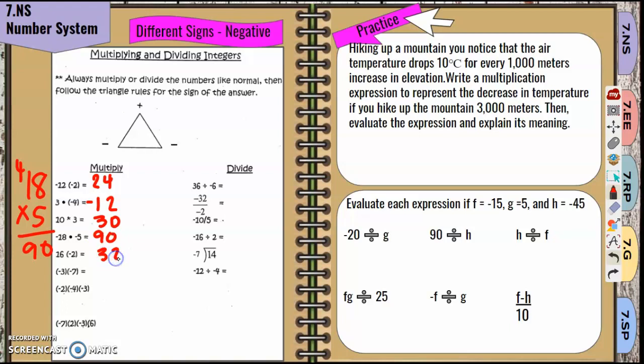A positive times a negative is a negative. Three times 7 is 21. And a negative times a negative is a positive. So that's positive 21.